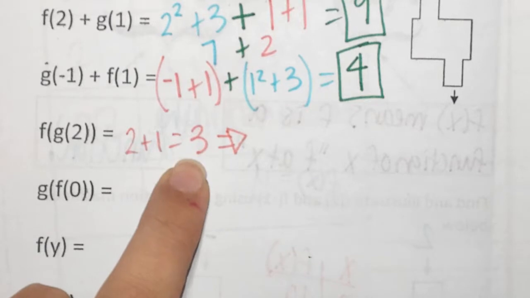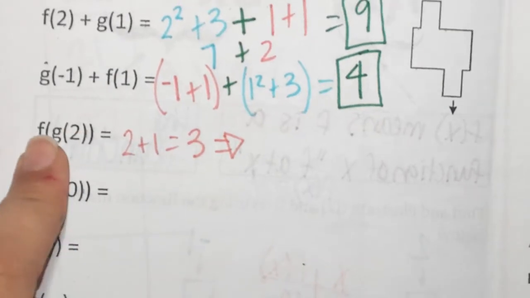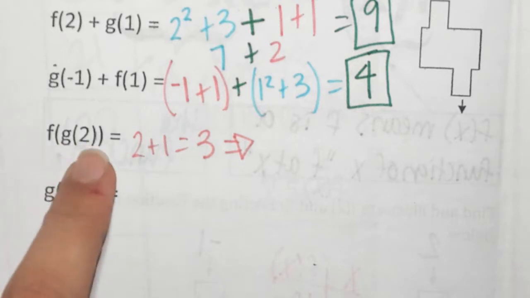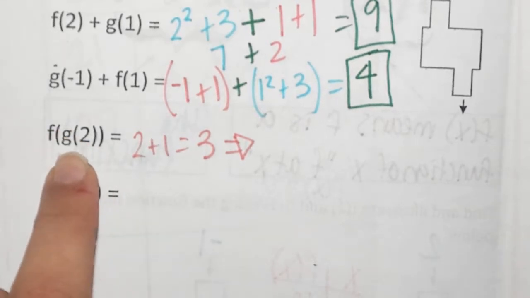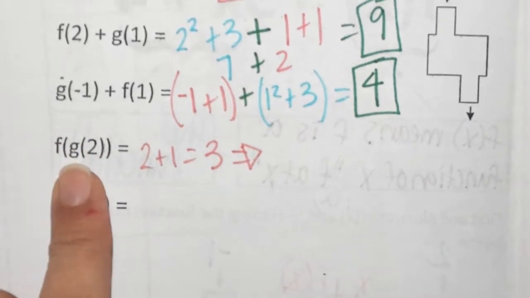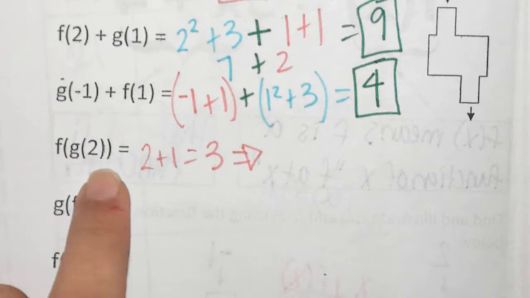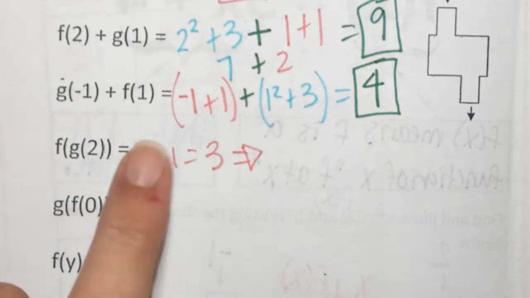Okay, guys, let's listen again. Are we ready? It says F at G at 2. So you start from the middle and work your way out. You start by plugging 2 into G. That's why I did it in this color.